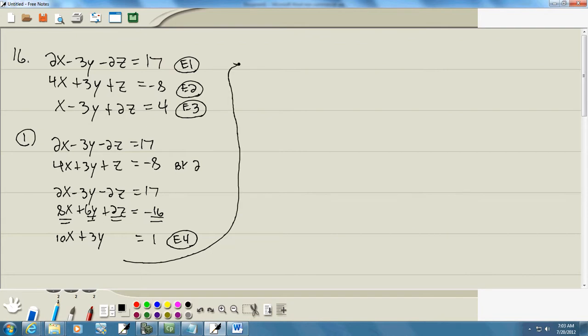So do the second step here. The second step says group your last two equations together, E2 and E3. So we've got 4x plus 3y plus z is equal to negative 8, and x minus 3y plus 2z is equal to 4. Now we're going to eliminate the z's. That's what our step 2 says.